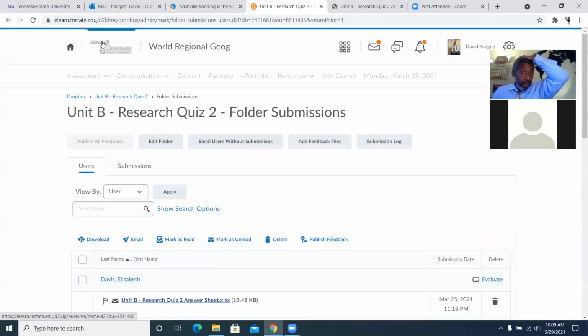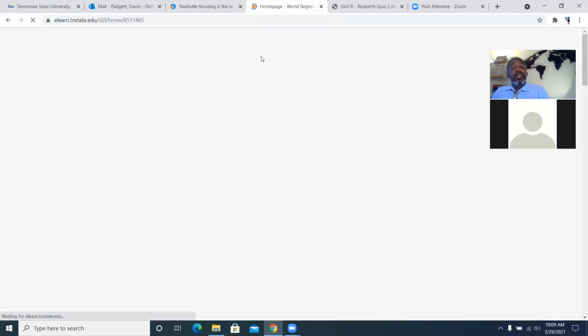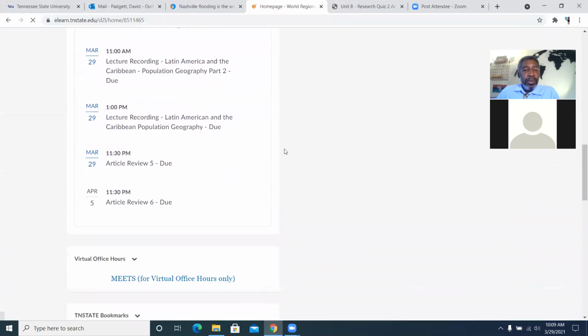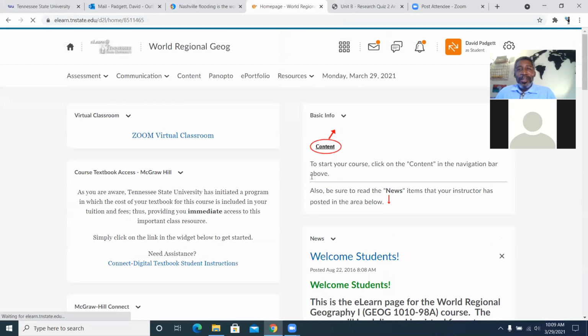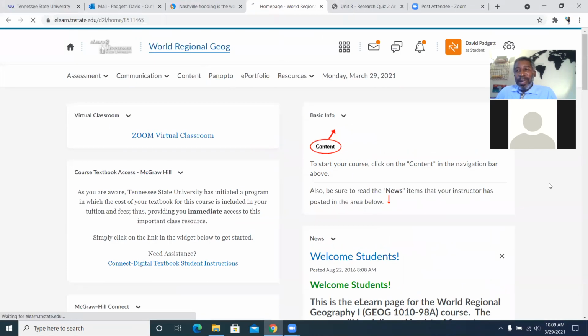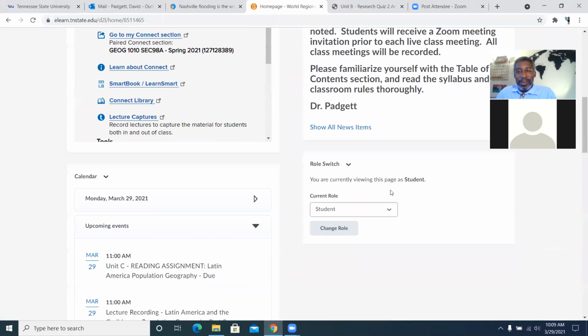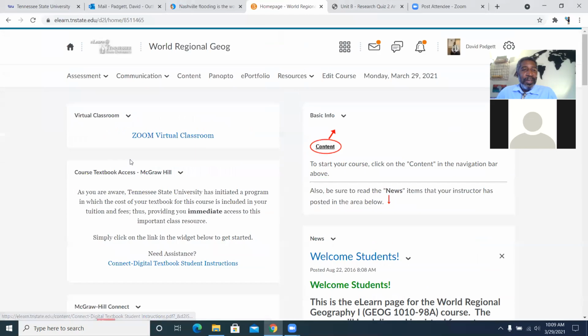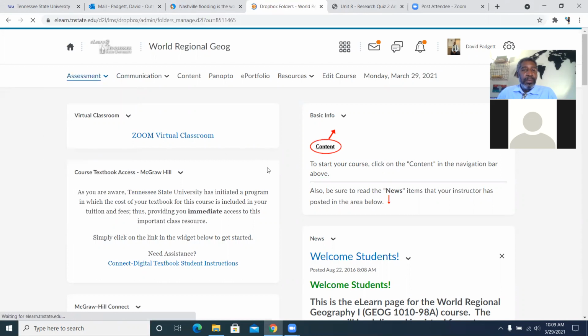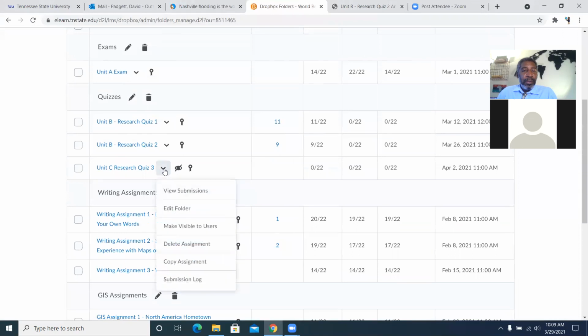Okay, so we're going to go back. I'm going to go to student view just to make sure that the quiz is visible to you. It is not. So I'm going to have to make it visible to the class by going back to developer role, going to the Dropbox and making that quiz visible to the students.